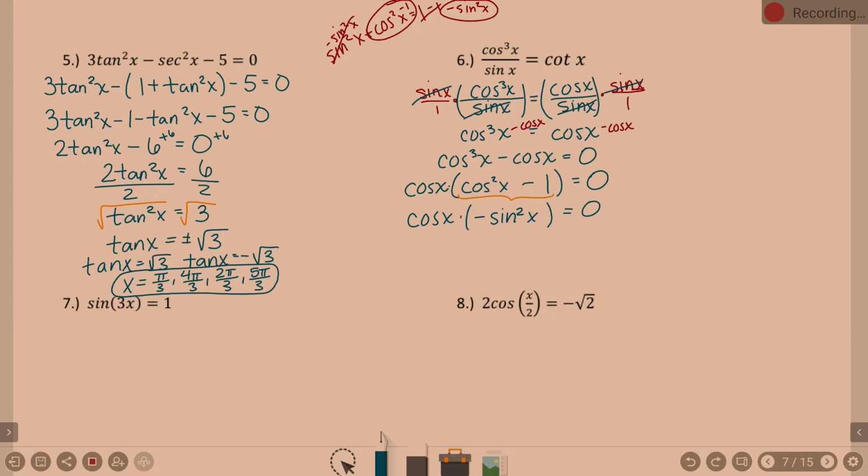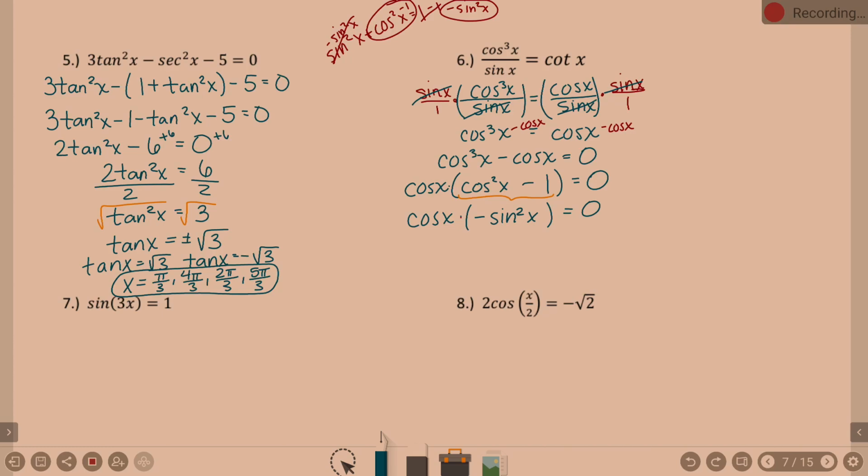Either or, both will work out well, where we have two factors being multiplied together. If you have two factors being multiplied together, what do we usually do? Set them each equal to 0.